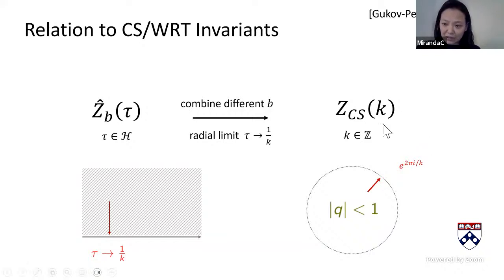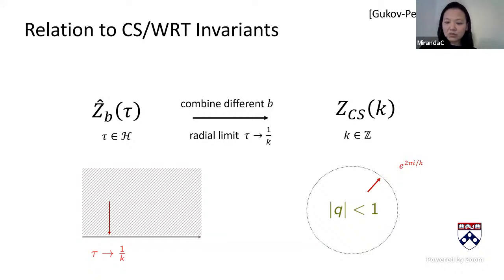And that's nice, because if you believe that that's the case, then you lift the Chern-Simons invariants, which is a function defined on the integers, to a function, the z hat invariants, which is actually a set of functions. The set is labeled by B, the boundary condition. The set of functions lives on the upper half plane.